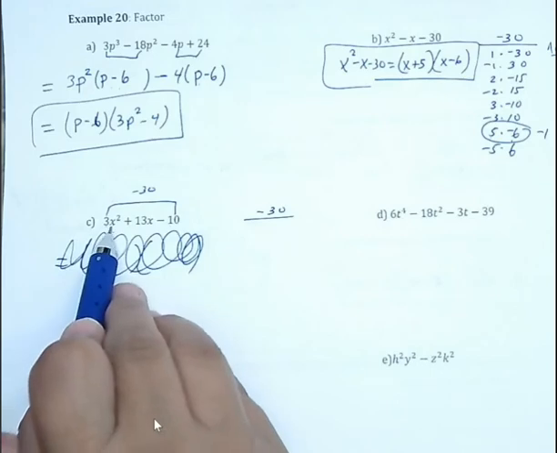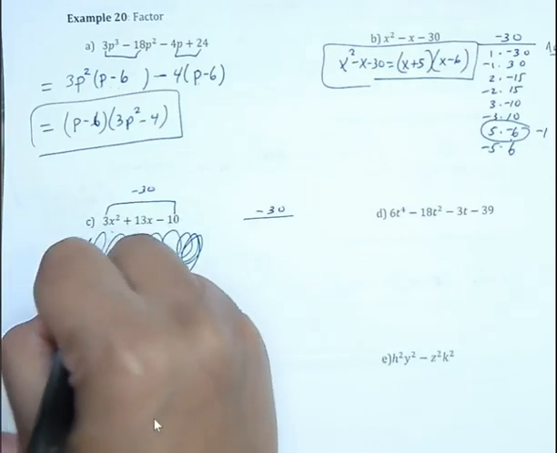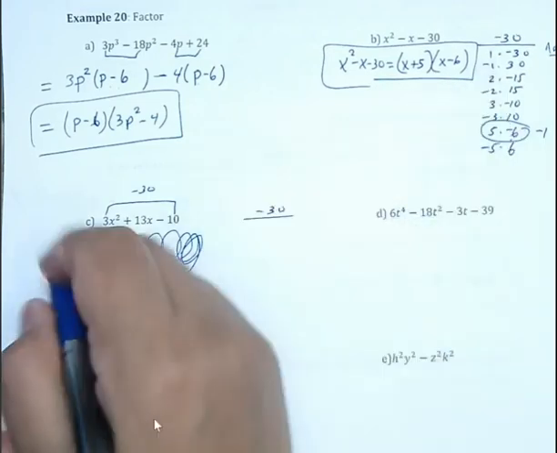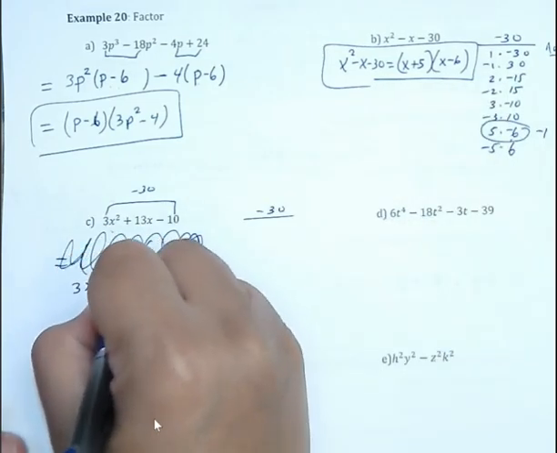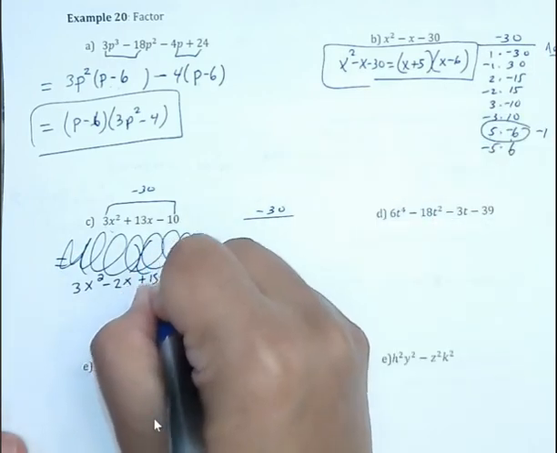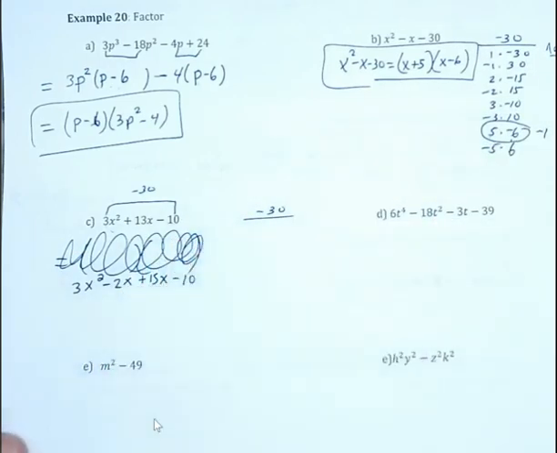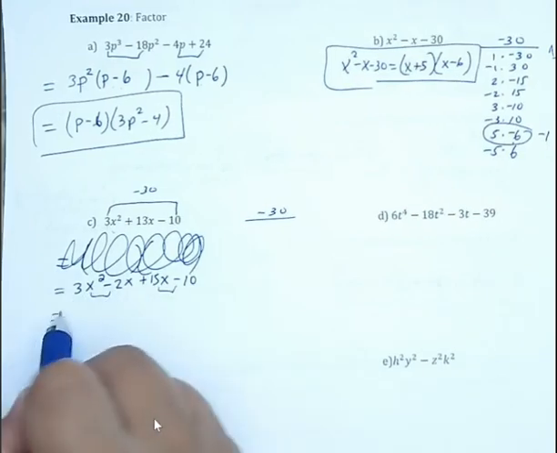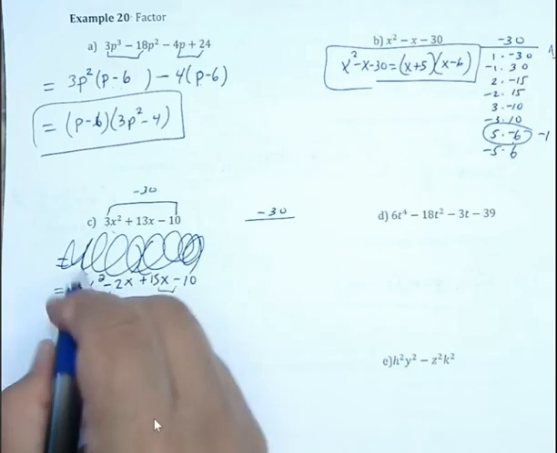So we're going to use grouping, right? We're going to rewrite this as 3x squared plus a negative 2x plus a 15x minus 10. And then we're going to group this term and this term. The common factor here is going to be an x.